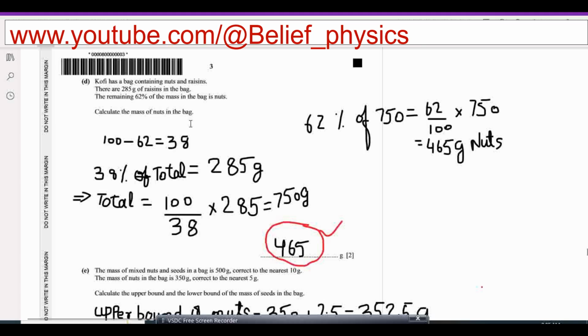If we can calculate the total, then we can subtract 285 from the total to get the value of nuts, or otherwise. So 38% of the total is 285 grams, because 38% is raisins.